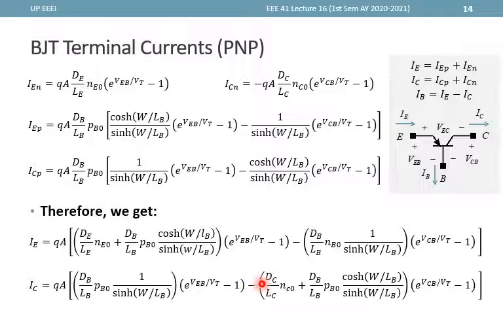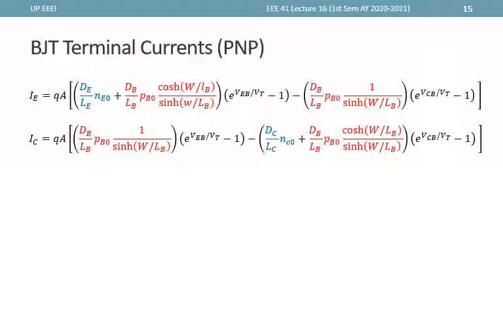So we have this negative sign, and then the two terms. This one is this one. This one is this one. So these are the same two equations we've obtained for IE and IC, but there's just some color coding in place. These terms here were derived based on the excess hole concentration at the base, and these red terms here as well.